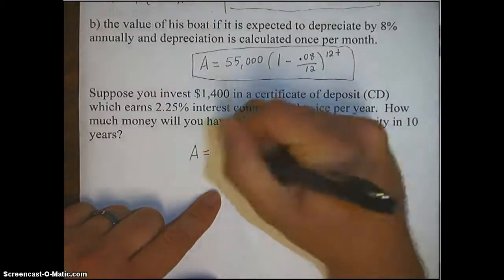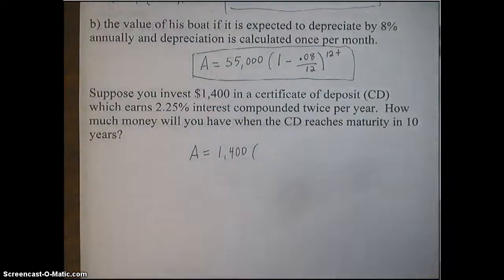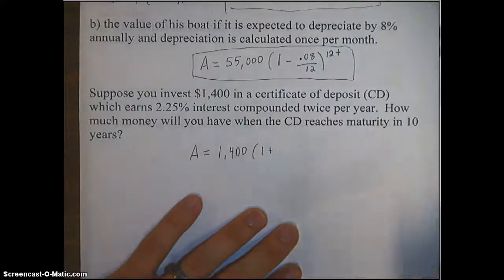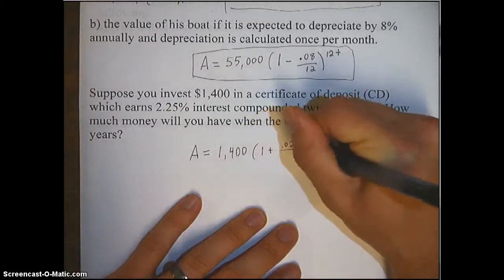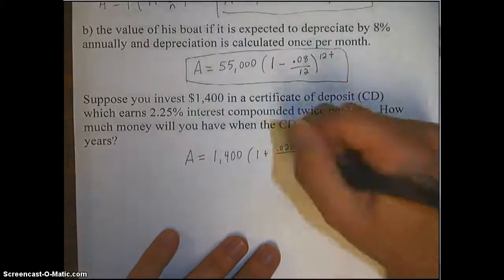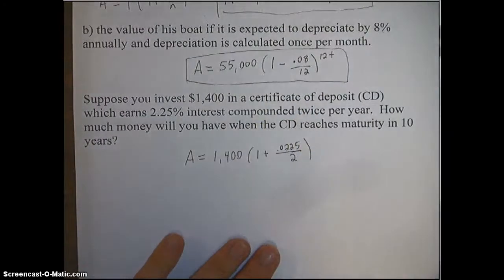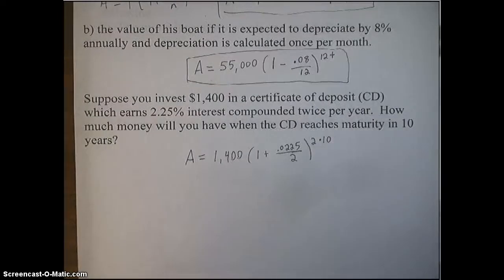A equals the starting amount, which is $1,400, times, now this is going to gain money, so I'm going to do 1 plus the rate divided by 100, which is 0.0225, and it's compounded twice per year, so I'm going to divide everything by 2 there, and the exponent is going to be 2 times t. Well, we know the number of years this time. We know t. That's going to be 2 times 10, or just 20 if you prefer.